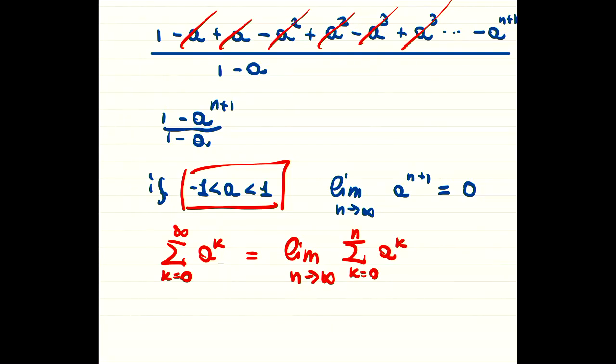The infinite sum is a limit. You don't do much about it, as the infinite integral is a limit. Now we know an expression for this sum. So this becomes the limit as n goes to infinity of 1 minus a to the power n plus 1 divided by 1 minus a.